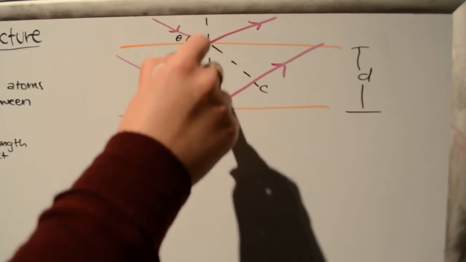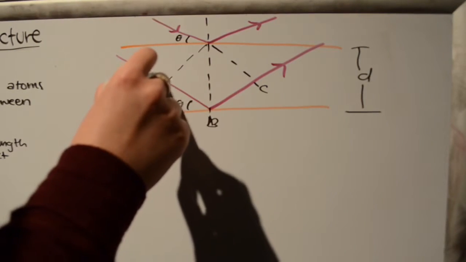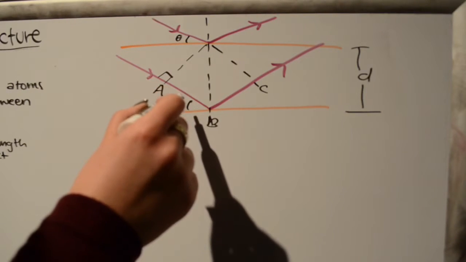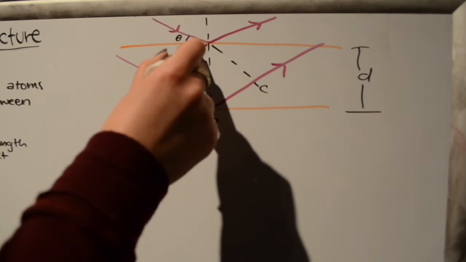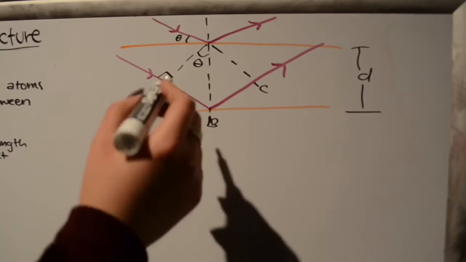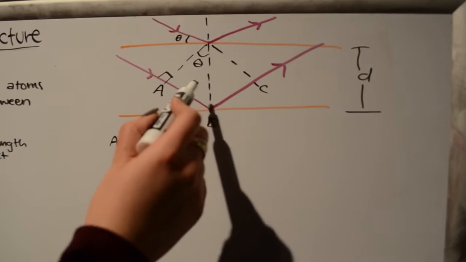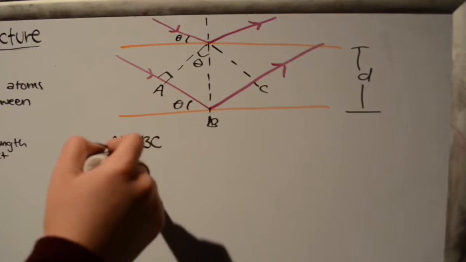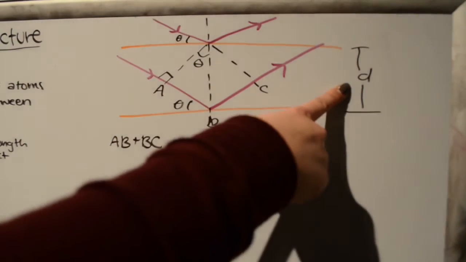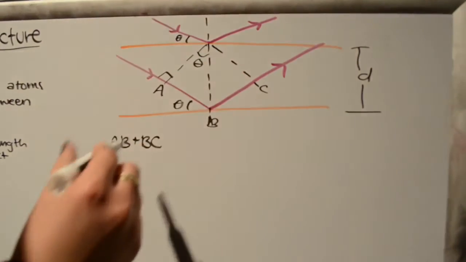So we know that because this line is perpendicular to the X-ray and this angle is theta, this angle also has to be theta. So we could find the distance A to B if we just knew what this distance was here. Well, we're calling that distance d for now.